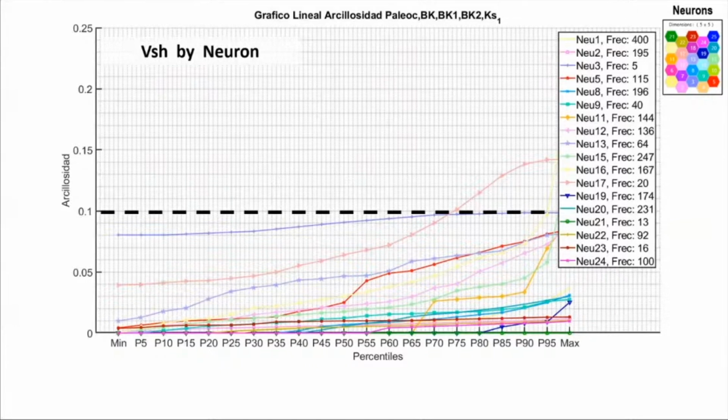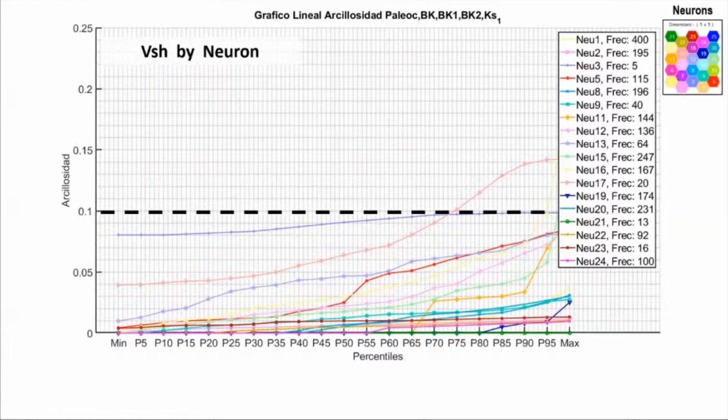Okay, the porosity, again, the dotted horizontal line is the cutoff value for porosity. And in this reservoir, few neurons are anomalous.